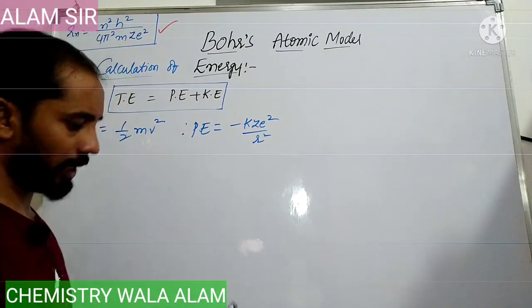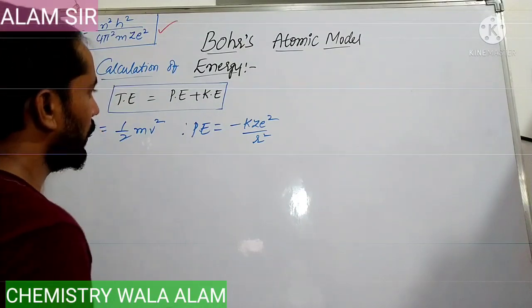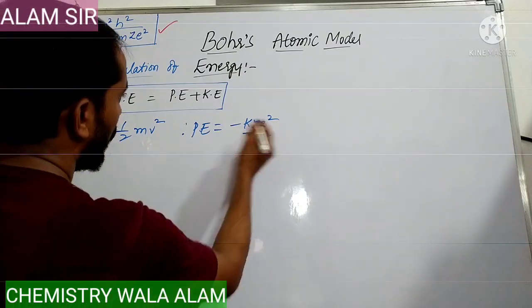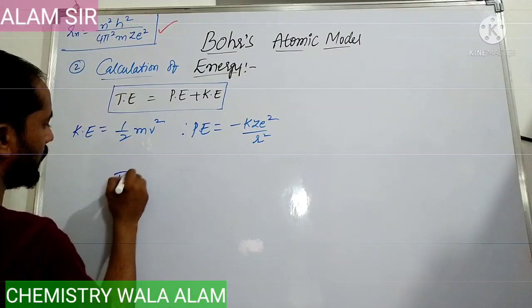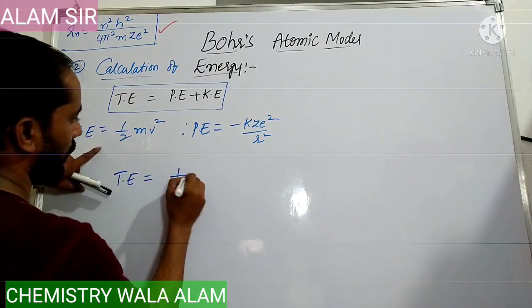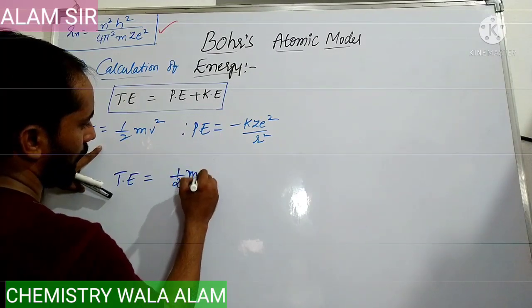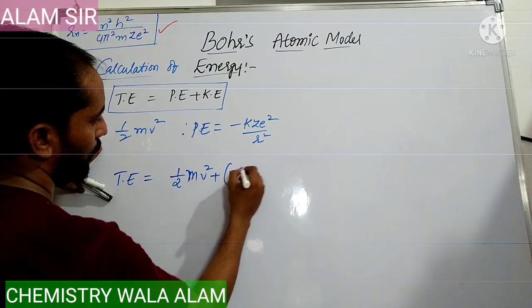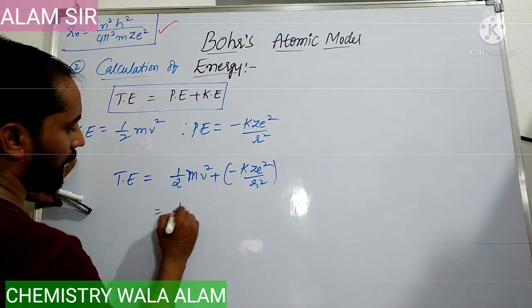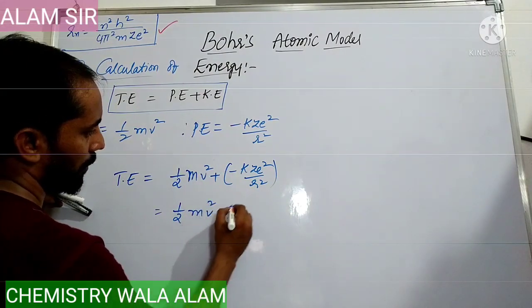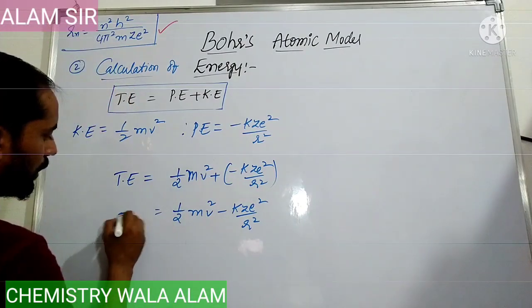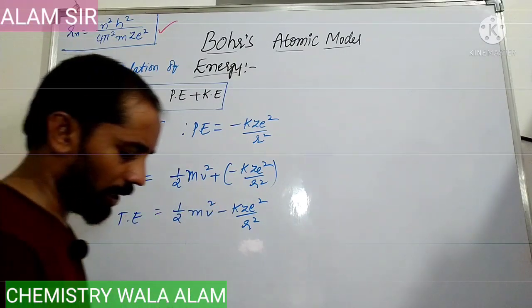So the total energy is equal to half mv square plus of minus kze square by r. Here is the kinetic energy in the calculation.